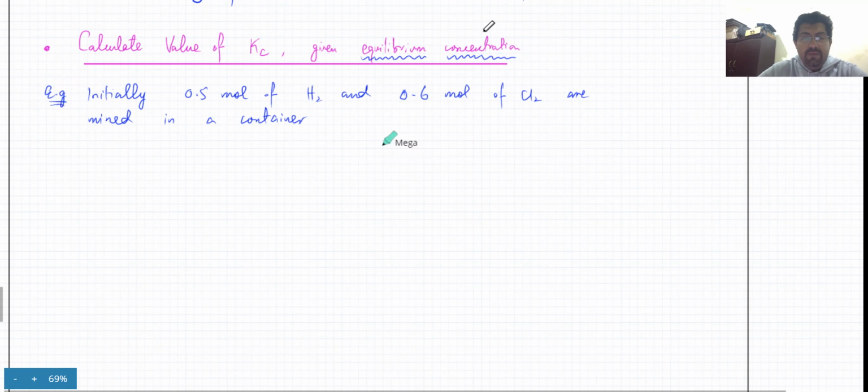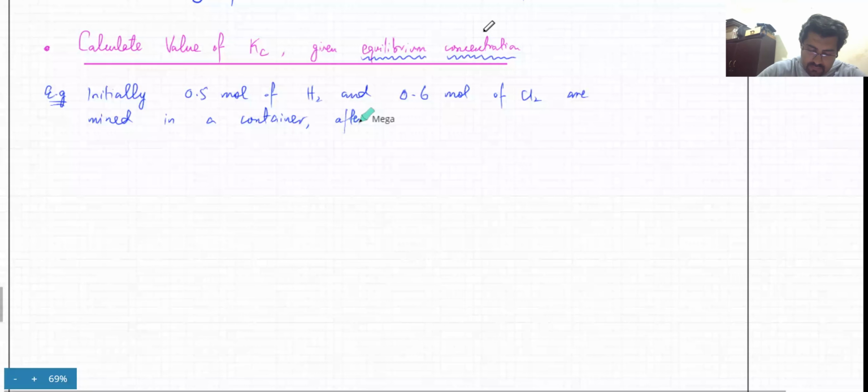So initially 0.5 moles of H2 and 0.6 moles of Cl2 are mixed in a container, and after several days, equilibrium is reached.